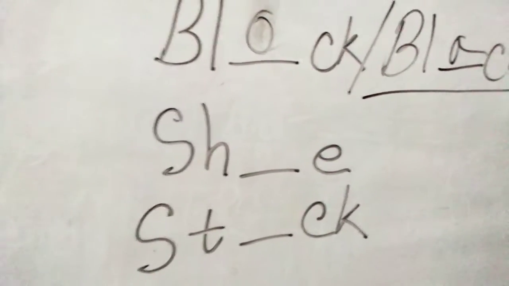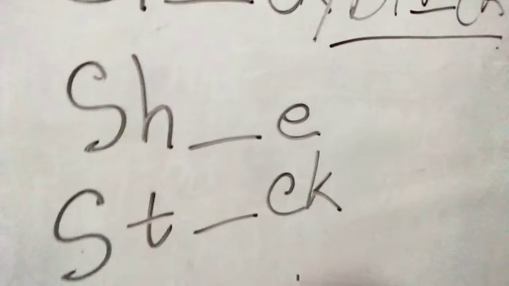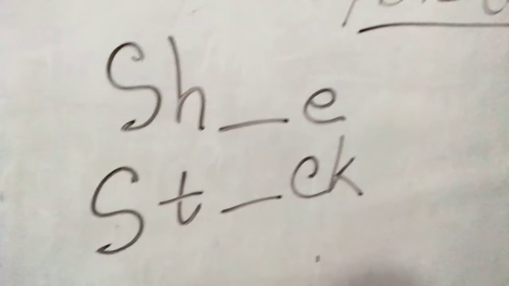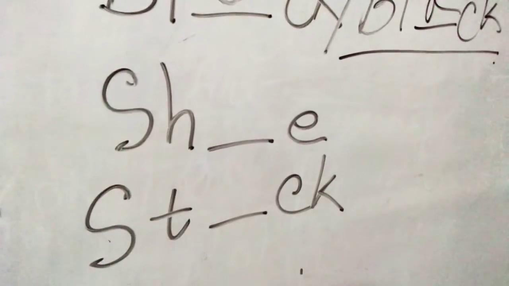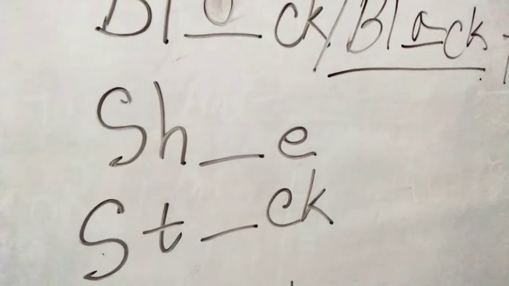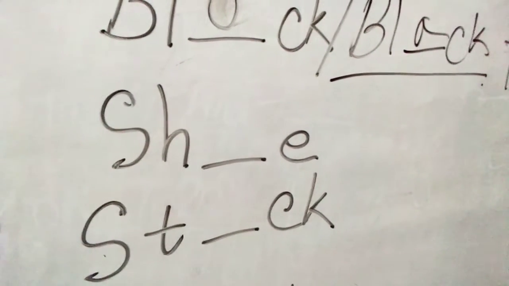You have to experiment with these vowels. Okay, babies, so don't panic. There's nothing that you have never seen. All these words are very common, and very useful words that we are using every day.